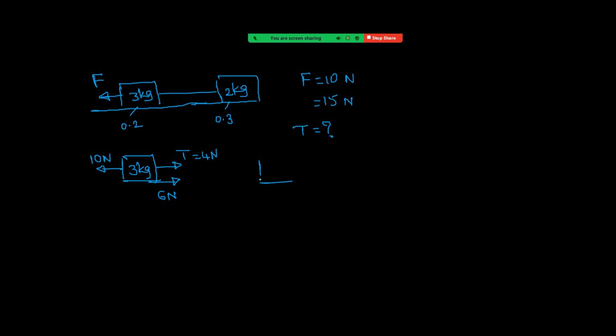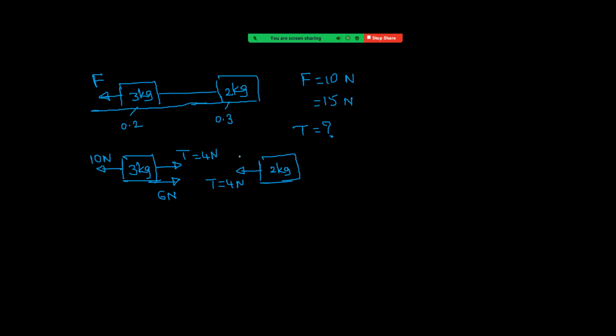Now come to this side, the 2 kg block. Tension is 4 Newton. Right? So here we know that on the 2 kg block also the net force equals 0. Here friction is self-adjusting.